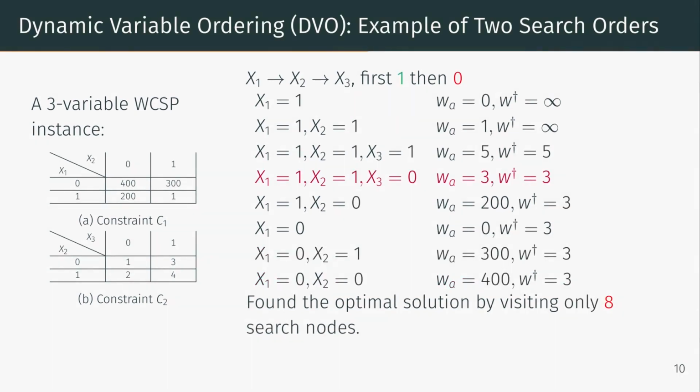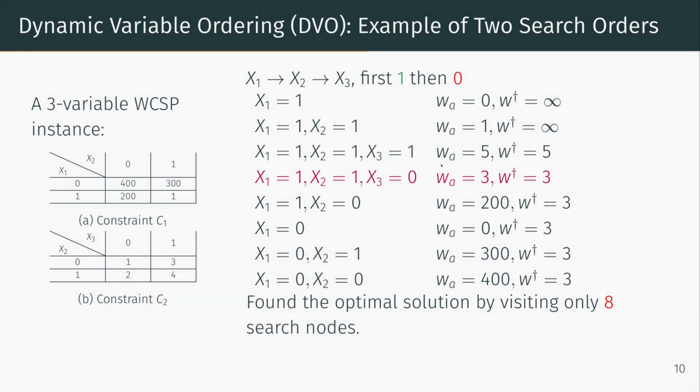Now let's consider a different search order. We still search from x1 to x3, but we always assign value 1 first and then value 0. So here we have x1 equals 1. This is the first search node. Similar to the previous search order, we have WA equals 0 and W dagger is infinity. Then we have x1 equals 1, x2 equals 1, we have WA equals 1. Then we have x1 equals 1, x2 equals 1, x3 equals 1.